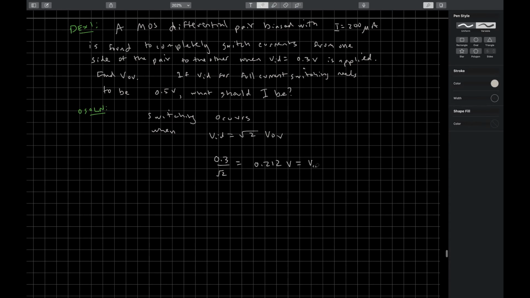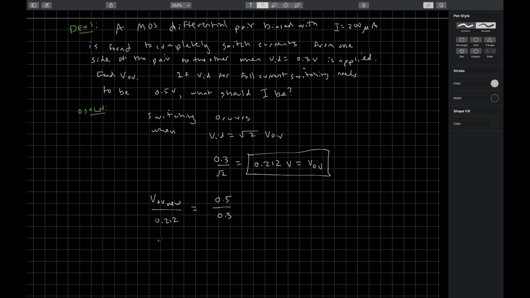That's V overdrive. The next thing I want to do is find out what the bias current should be to give me a different switching, which means I need a different overdrive voltage. So V overdrive new over the one I just found, which is 0.212, has to be the same ratio as 0.5 to 0.3, 0.5 being the differential input voltage I want, 0.3 being the one that I already have.